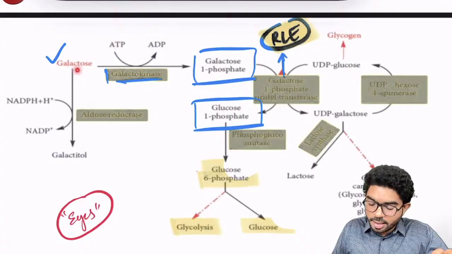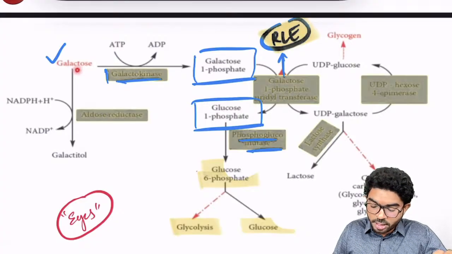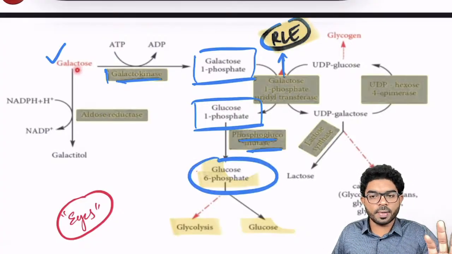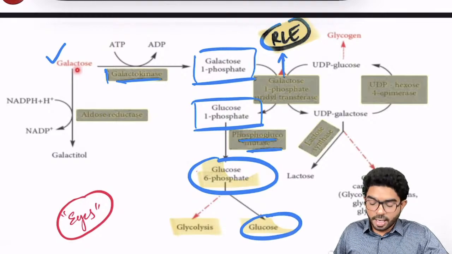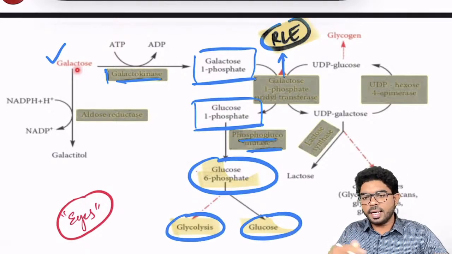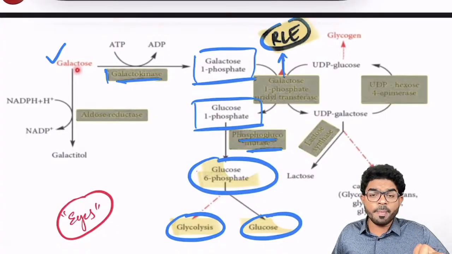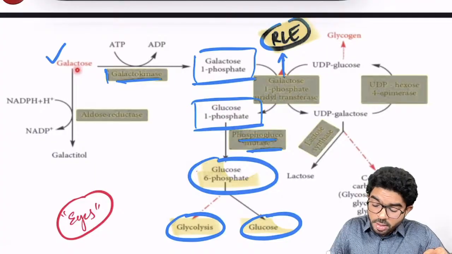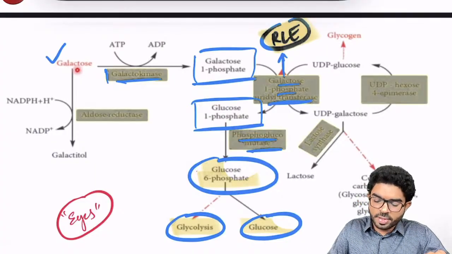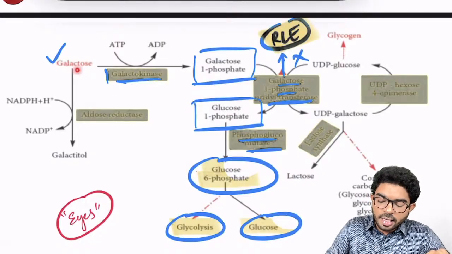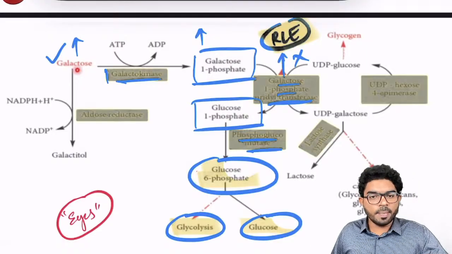Then there is phosphoglucomutase, by which glucose 6-phosphate comes out. And we know glucose 6-phosphate is a key compound for many of the reactions. Either it can form glucose, or it goes to glycolysis, and it can go to different reactions. So my main concern is that the rate limiting enzyme here is galactose 1-phosphate uridyl transferase. Whenever there is a deficiency of this, if it is not working, either galactose 1-phosphate or galactose will get increased in the body.